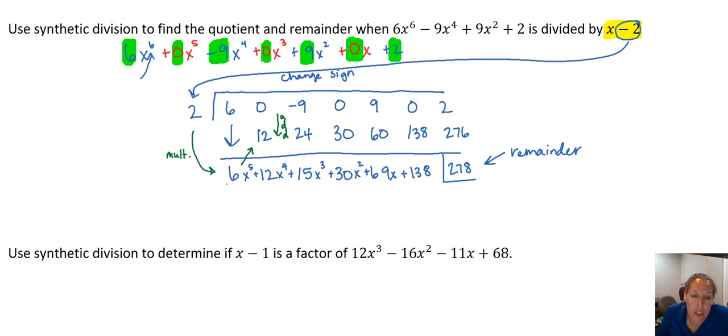And so our quotient is made up of those coefficients. That's going to be our polynomial at the bottom, 6x to the fifth plus 12x to the fourth plus 15x cubed plus 30x squared plus 69x plus 138 is our quotient, and our remainder is 278.